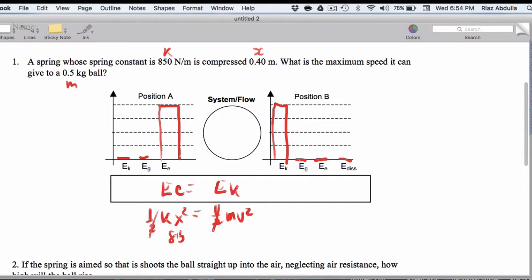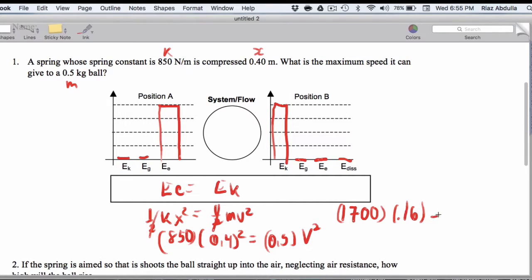So I have 850 times 0.4 squared is going to be 0.5 times v squared. And I'm going to do a little bit of math here, so don't be alarmed. This is 1700 times 0.16 equals v squared.